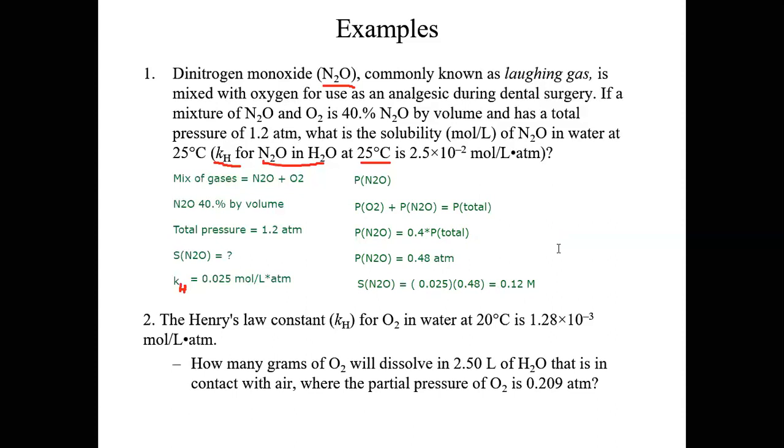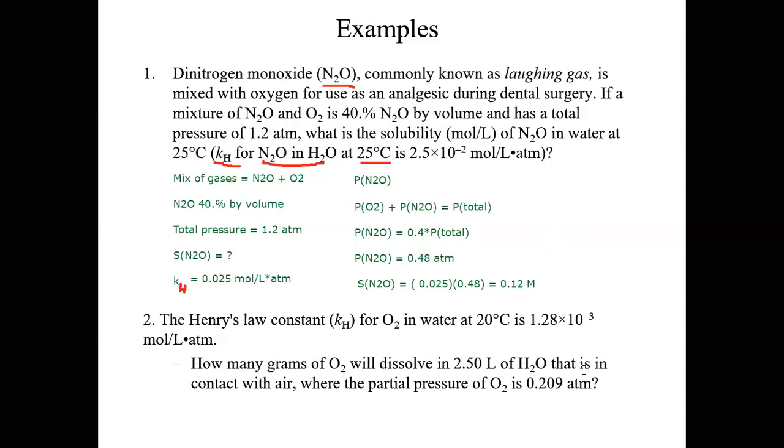That's the maximum concentration of N2O you could dissolve in this mixture of laughing gas at this temperature and Henry's law constant. To give you an idea on number 2, here we want to know how many grams of O2 will dissolve in 2.5 liters of H2O that is in contact with air where the partial pressure of O2 is 0.209 atmospheres.